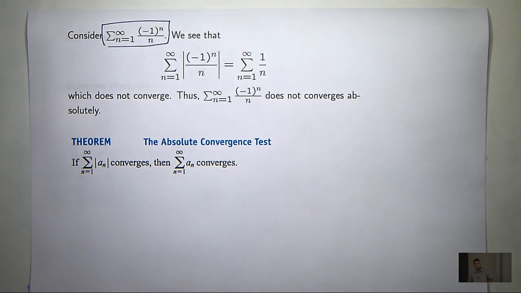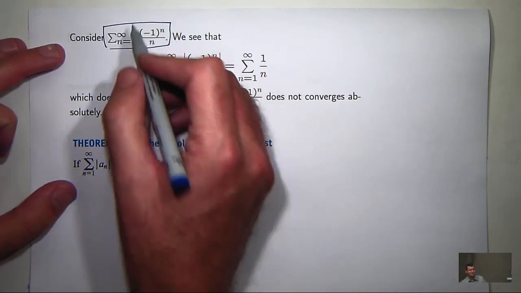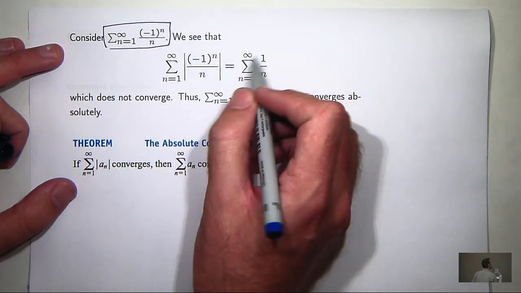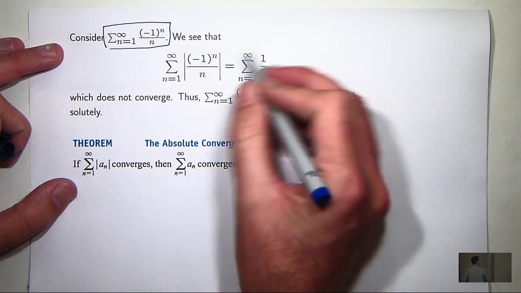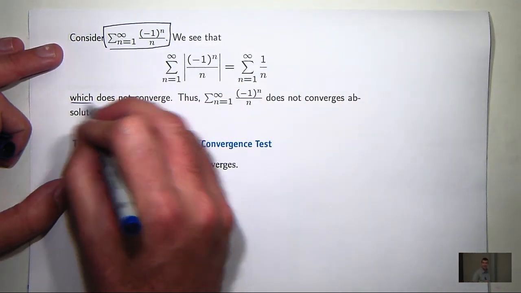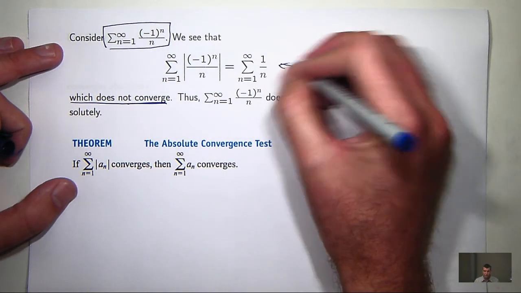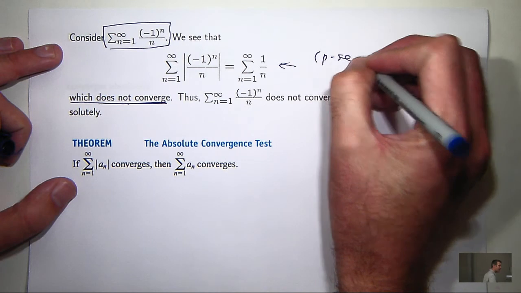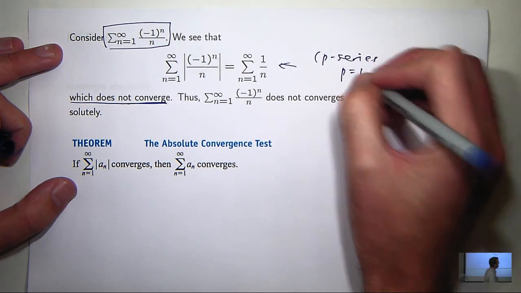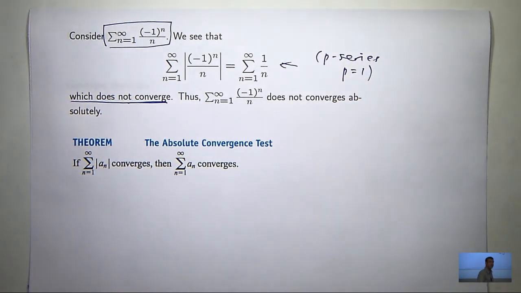So let me show you sort of a converse here. Suppose we have this series. Let's put some absolute value signs in there and see what happens. If we put an absolute value sign in this series, the minus 1 to the n just becomes 1. And what's this series? Well, it must diverge. It's a p series with p equals 1, that diverges.